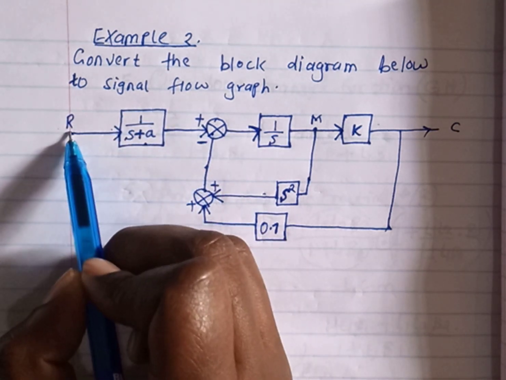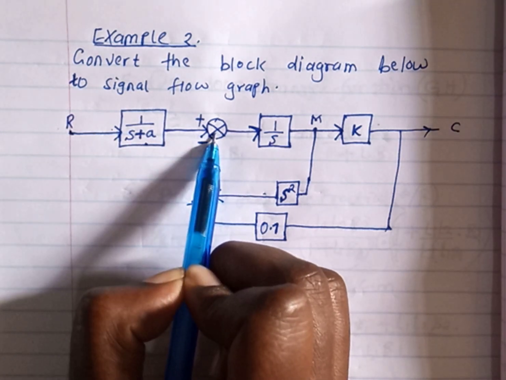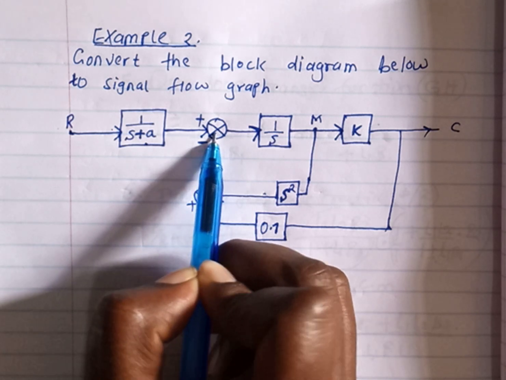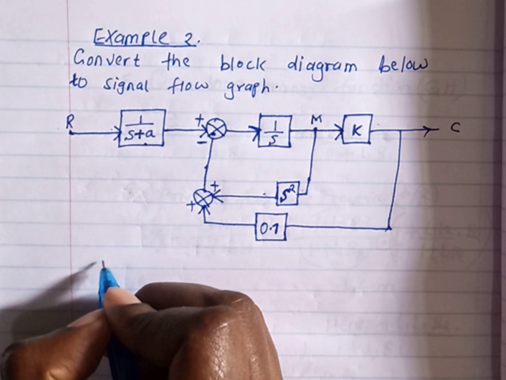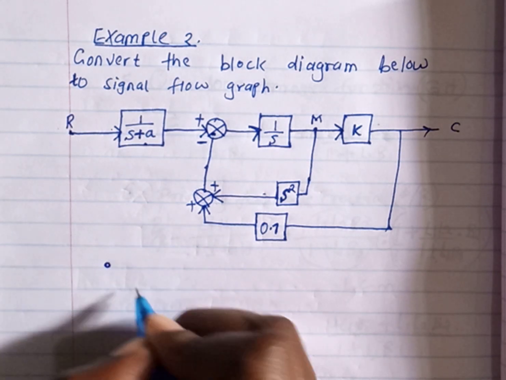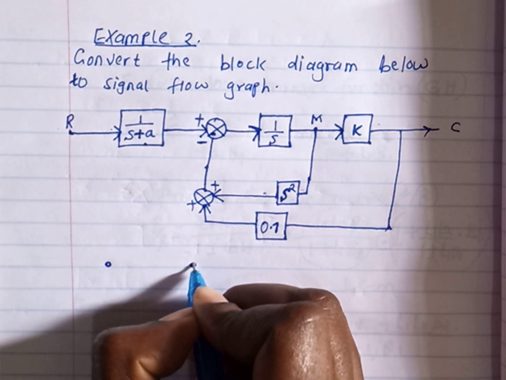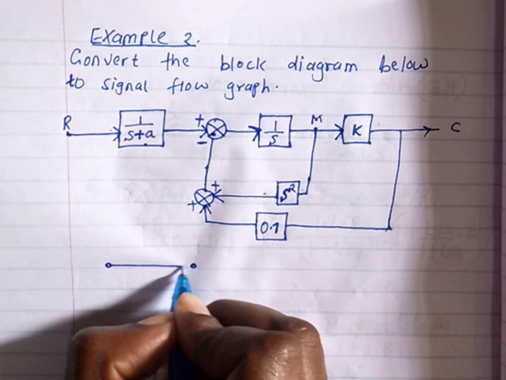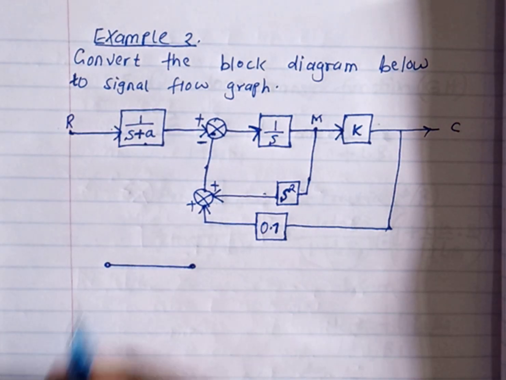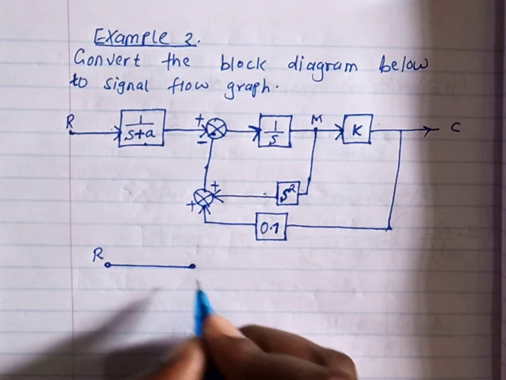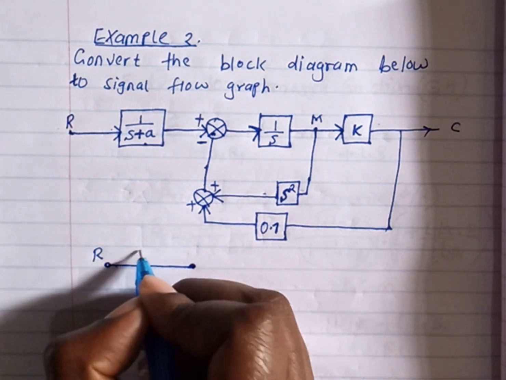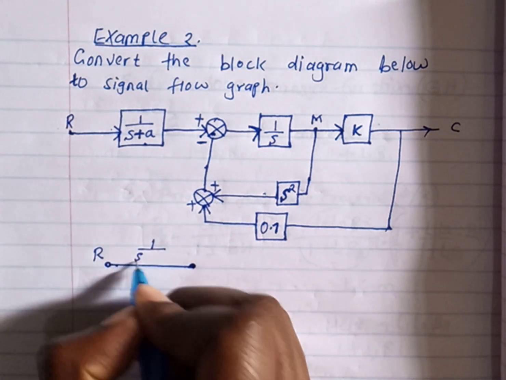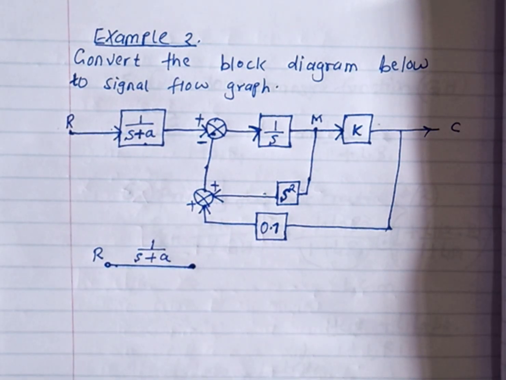So I just need to draw a node for this input and another node representing the summing point. This is the same as my input R, then this is my summing point, and of course in between the two of them I have 1 over S plus A.